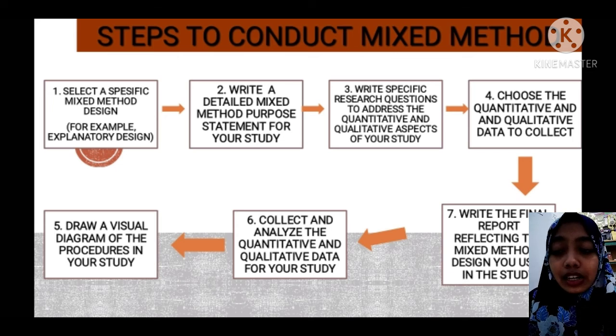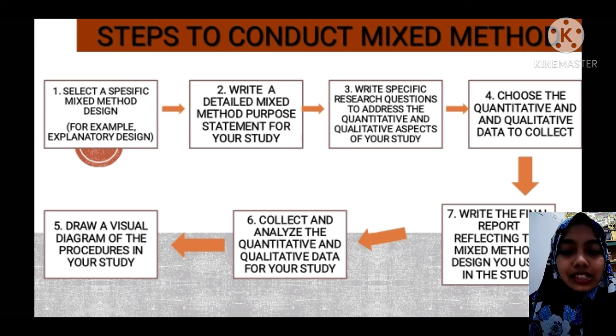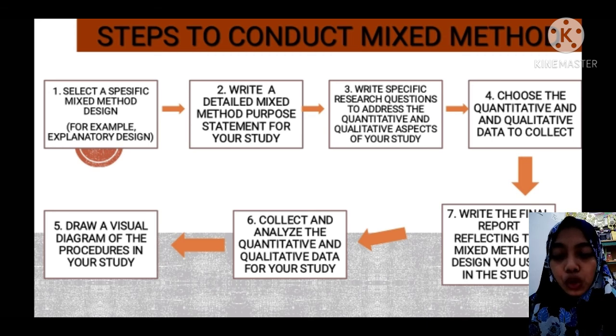Okay, the second is write a detailed mixed method purpose statement for your study. The third is write specific research questions to address the quantitative and qualitative aspects of your study. The fourth is choose the quantitative and qualitative data to collect. The fifth is draw a visual diagram of the procedures in your study.